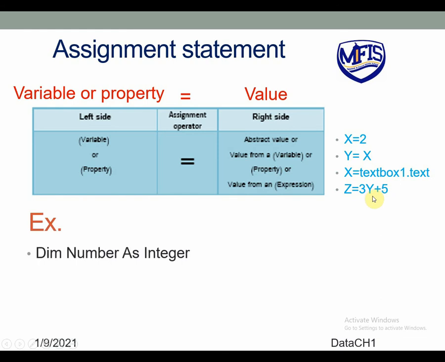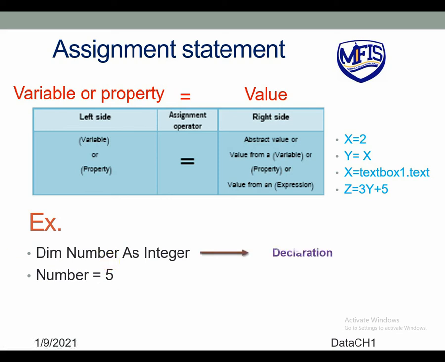Okay, let's write it by coding. Dim number as integer, and then number equal 5. What is this line of code? The first line of code means declaration.